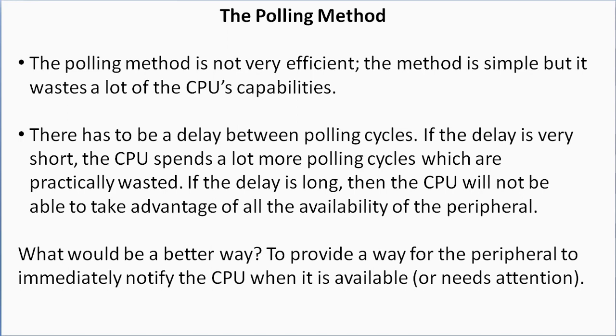A CPU, especially a very capable one, is an expensive and very sophisticated piece of hardware, and it is a pity to have it simply wait around polling a very slow peripheral, which may be electromechanical and therefore very slow, such as a plotting device that plots architectural designs on large format posters or paper.